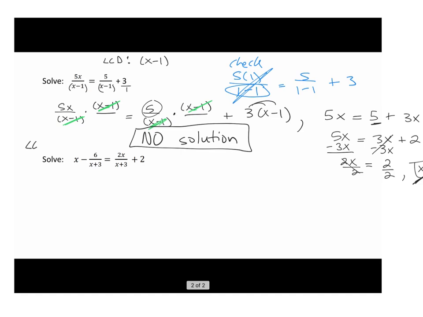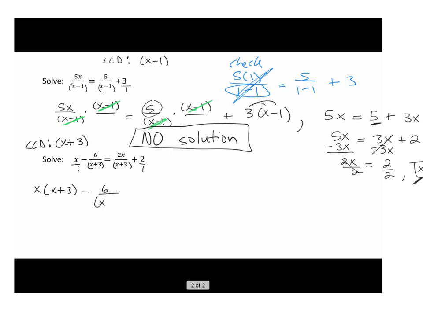Then our next example here, we've got a rational equation, so we need to find the least common denominator. And there's only denominators of x plus 3, so we need at most one of those in any of these denominators. So let's go ahead and multiply each of these terms by this least common denominator.